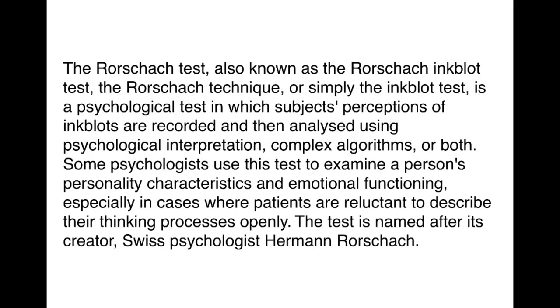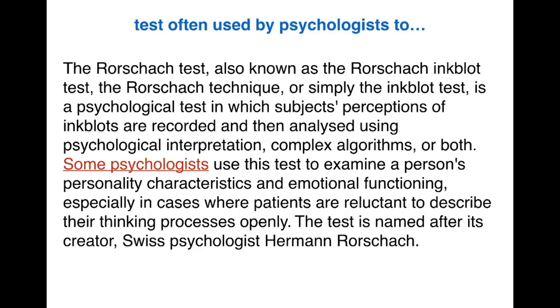So here's the start of the passage. And remember, I'll just put at the top what we're searching for. Test often used by psychologists too. So if we read through this at normal speed, you come halfway down to some psychologists, and then we've found that from the question, and then we need to find what is it often used to do.